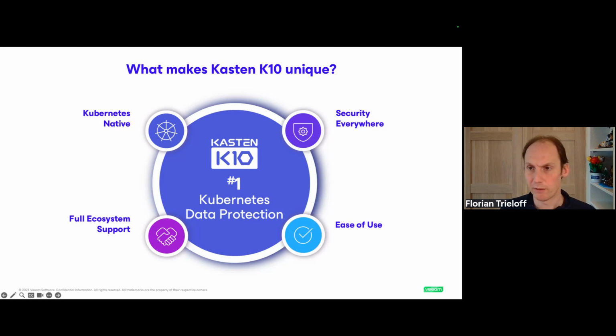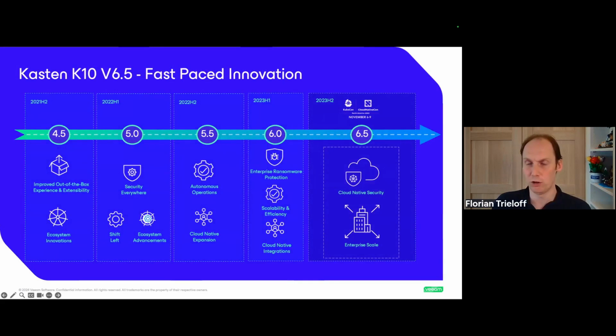Okay, then as I said, Kasten K10 started in 2017. We have a lot of versions and we release a major release two times a year. And we talked also about native tools, native integrations. This was the first one we started, ecosystem innovations here.